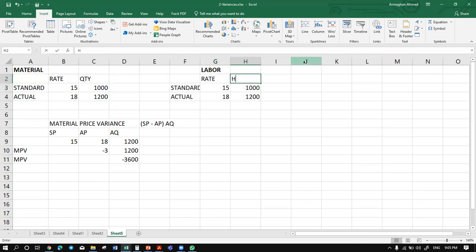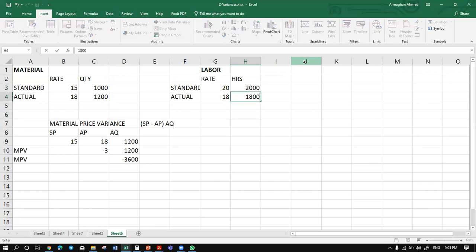Here I will write down hours. In labor, quantity is called hours. Now let's say standard rate is 20, actual rate is 18. And the standard hours are 2000 and the actual hours are 1800.